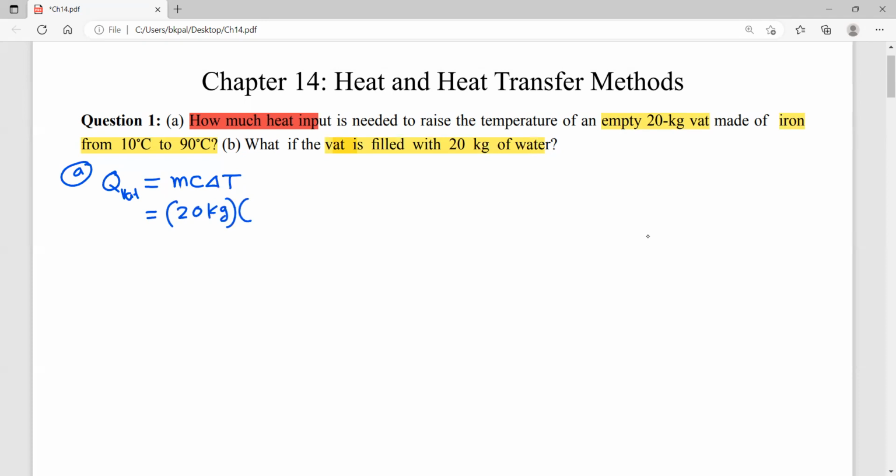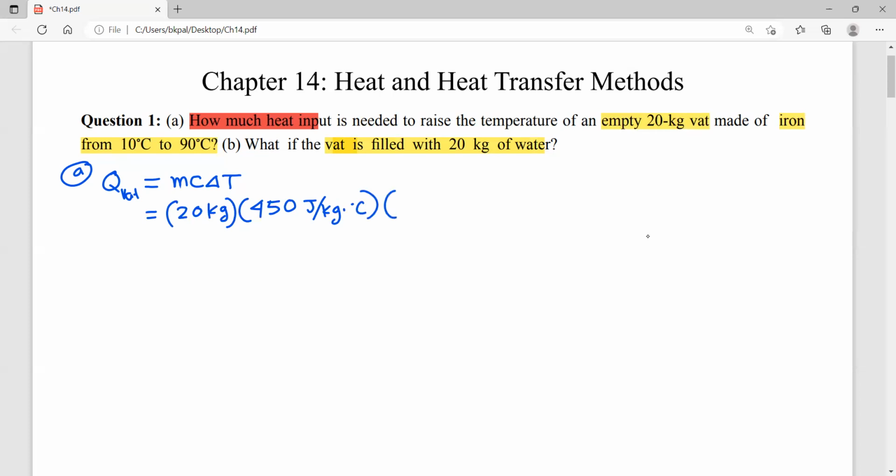Now we need to know the iron's specific heat capacity, and I already have it. You can check the table in the lecture, and that is equal to 450 joule per kilogram per degree Celsius.